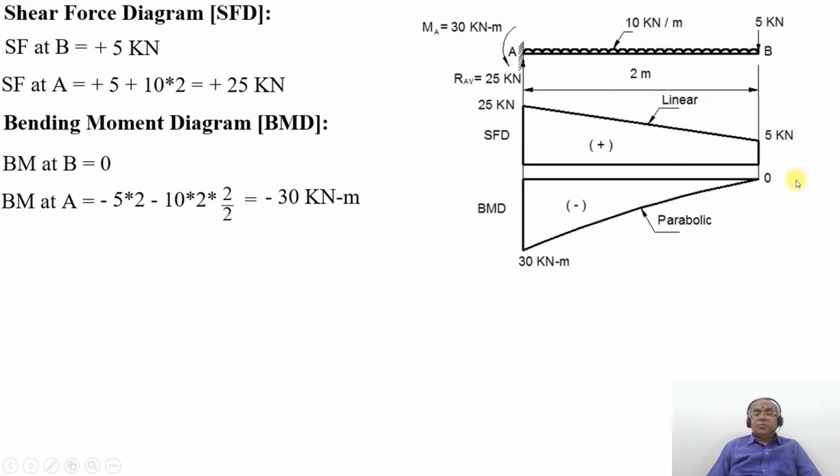So the power of X is 2, therefore you will get the parabolic curve. So this is how the bending moment diagram joins point B, which is 0, to point A, which is 30 kilonewton meter, by means of a parabolic curve. So this is how you will be able to solve this particular problem.